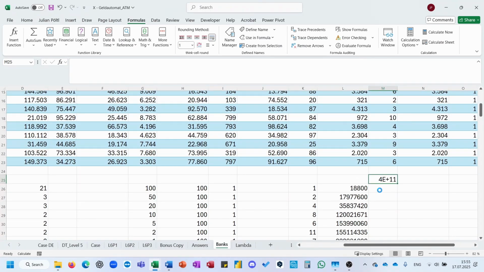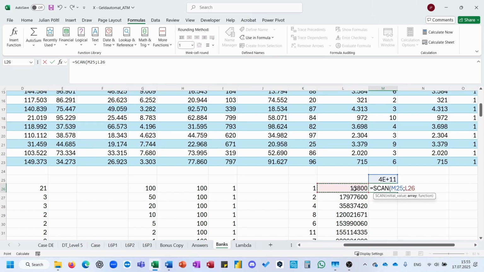And I can now show you something. Scan and lambda.